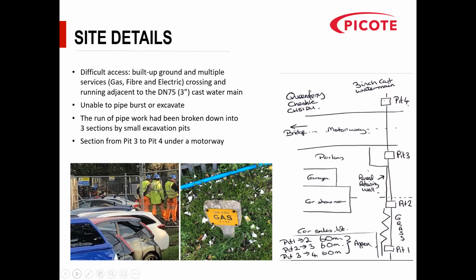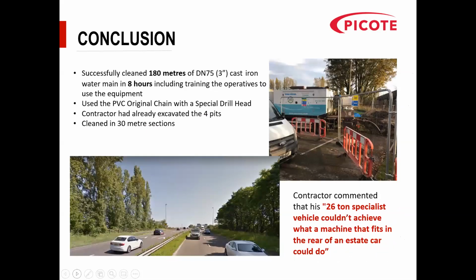Not only that, the run was about 180 meters, and it actually ran under a motorway. They dug four excavation pits, so we could work from there. With the Super MIDI and the chains, we successfully cleaned 180 meters of the cast iron pipe in 8 hours.